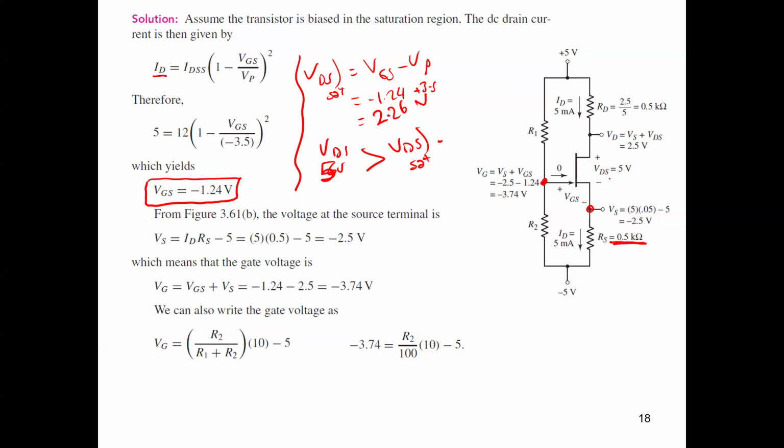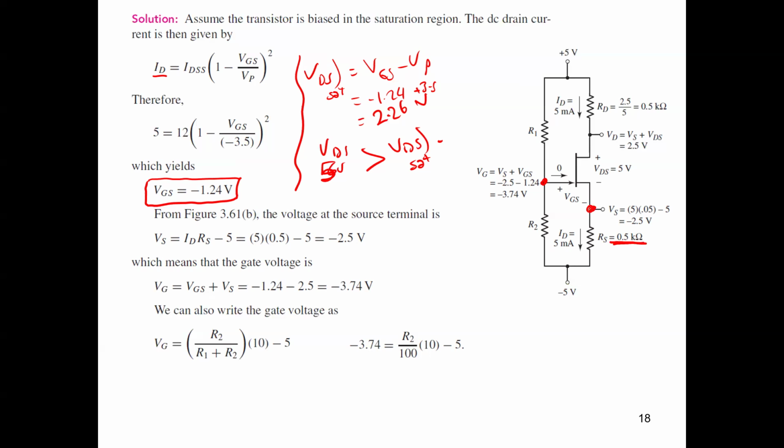Let's firstly use our source or drain current to get the value of Vs. Since I know the current here and I know the resistor, I know the voltage right here, so I can make a Kirchhoff now between this point and that point. So Vs equals ID times Rs minus 5.